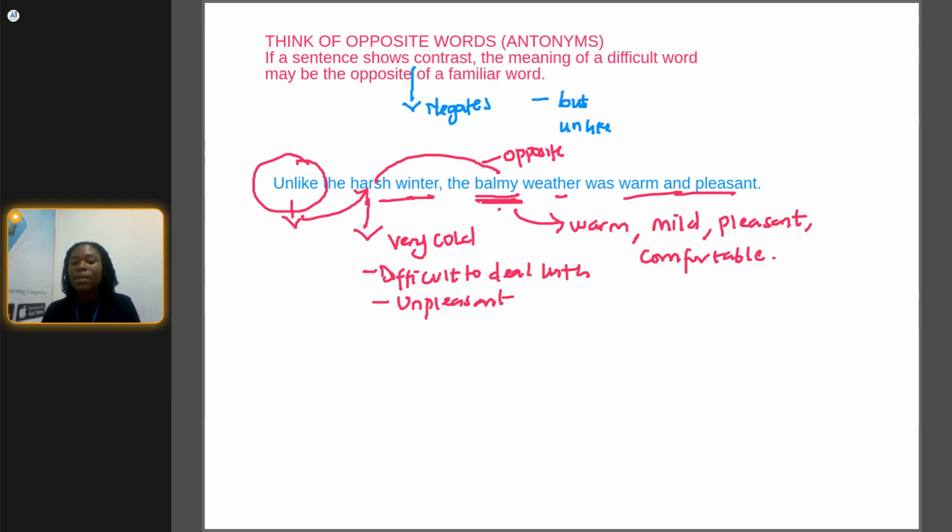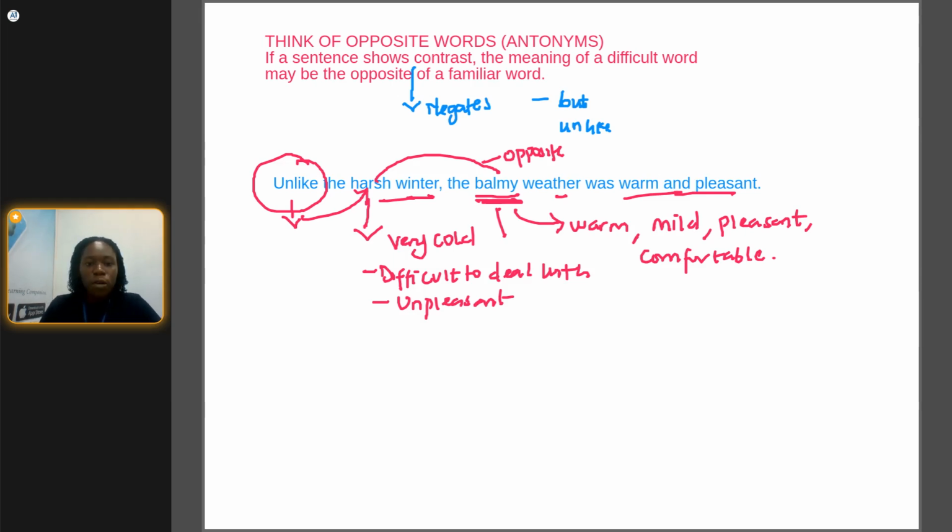okay, look for the nearest in meaning to the underlined word. So, balmy weather, and you're wondering, okay, if you find any of these words or something related to these words, you already know that this is your synonym. And if you are asked to choose the antonym, look for a word that is opposite in meaning to the underlined word.